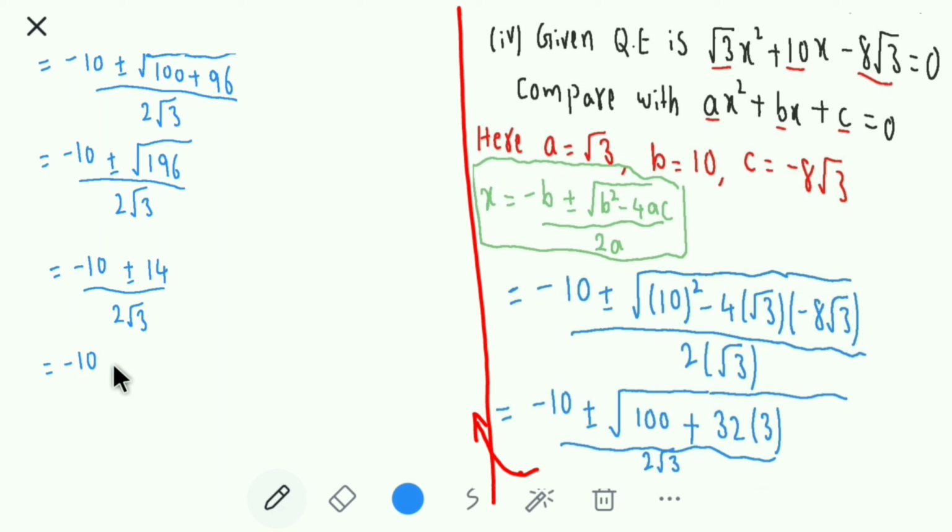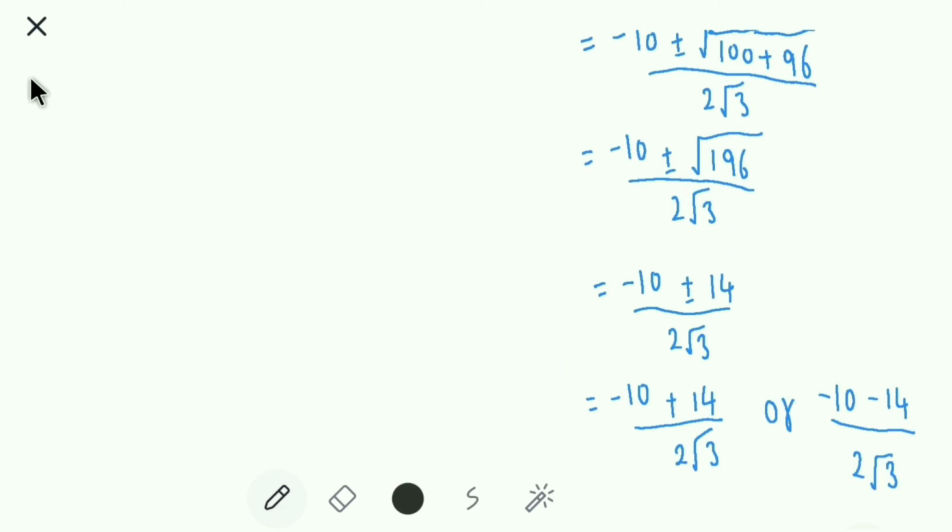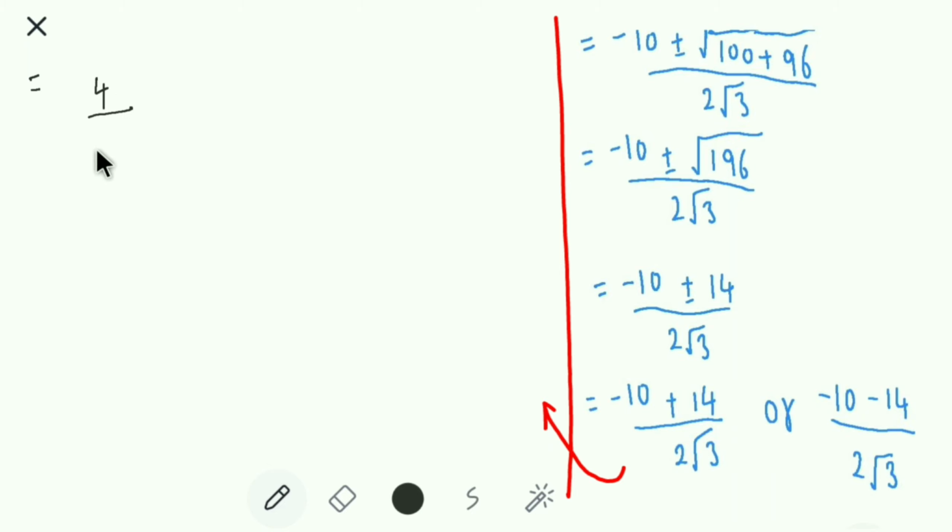Minus 10 plus 14 by 2 root 3 or minus 10 minus 14 by 2 root 3. So here minus 10 plus 14 is 4 by 2 root 3 or minus 10 minus 14 is minus 24 by 2 root 3.